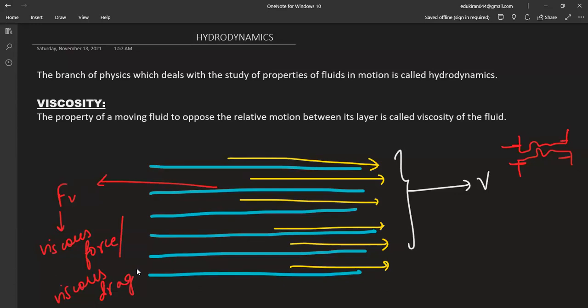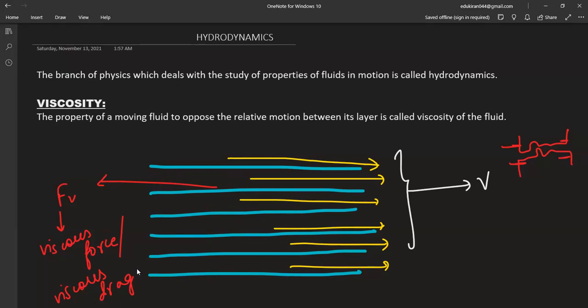The best example you can take: if I take two containers and fill one with water, one with honey, and you rub, water is very smooth. It slips off and it evaporates. Whereas in case of honey, you see there's a stickiness, there is a resistance when you rub honey in your hand.